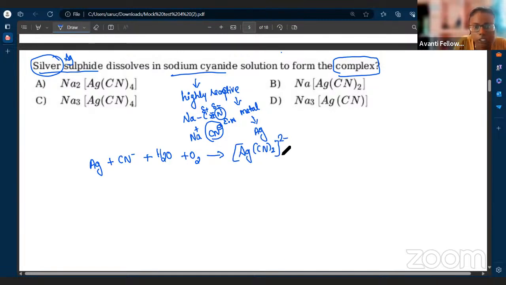So this is the complex form. Therefore, what would be your answer? Which one will give you this complex?